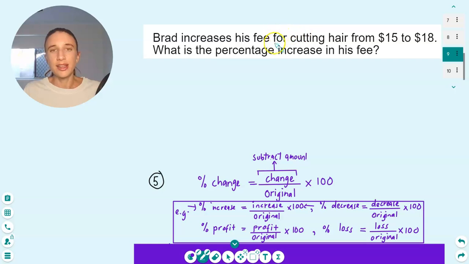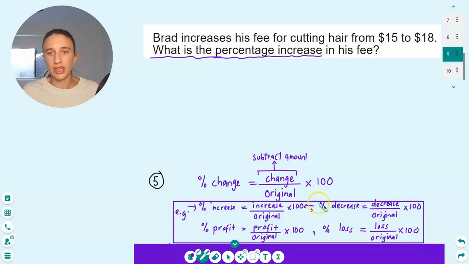And here we are, last question, yay. So Brad increases his fee for cutting hair from $15 to $18. What is the percentage increase in his fee? So that's to do with this percentage change formula. Percentage anything, you're going to divide by the original and times by 100.